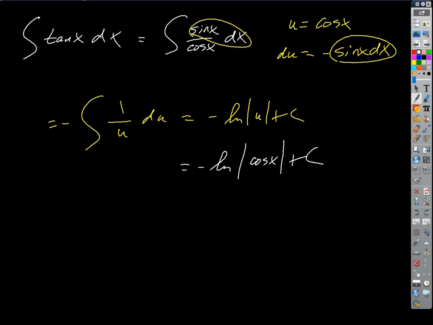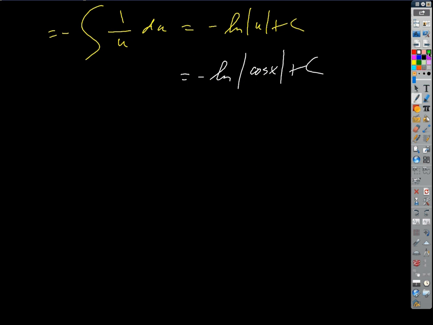So, moral of the story, we get another standard form. Instead of making it x's, why don't we go ahead and make it u's? The antiderivative of tangent u du is just going to be negative natural log cosine u plus c. We could do the same thing, and I'm just going to give this one to you.